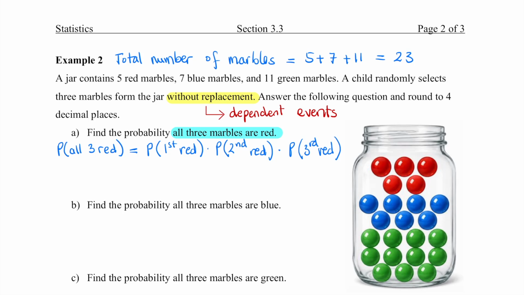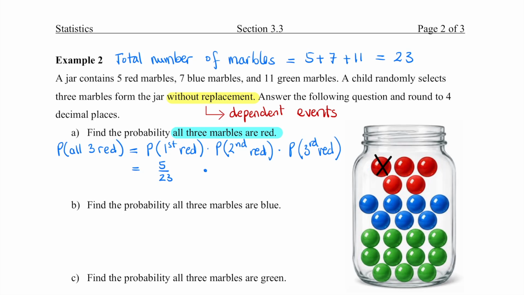Now, let's calculate each probability. First, I want to find the probability that the first marble is red. There are a total of 23 marbles and 5 red marbles. So the probability that the first one is red is 5 out of 23. If the first marble was red and not replaced, there are now only 4 red marbles remaining out of 22 total marbles.